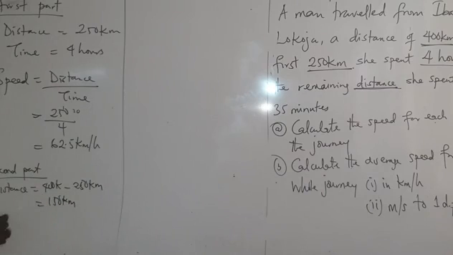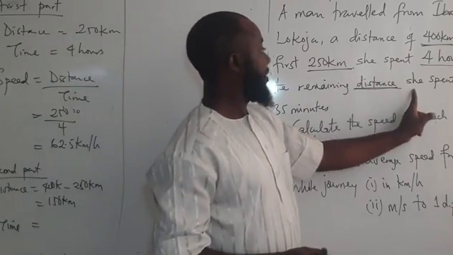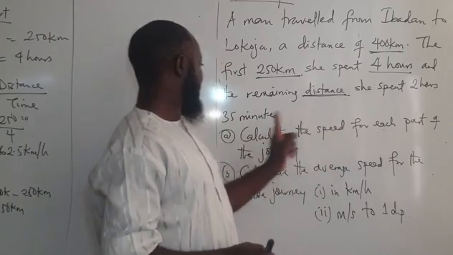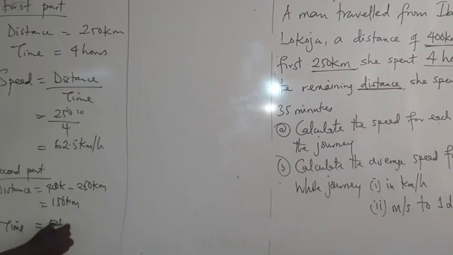Kilometers. Then the time. What's the time? She spent 2 hours 35 minutes. That is 2 hours, 35 what? Minutes. Right. So let's now see how to calculate this.